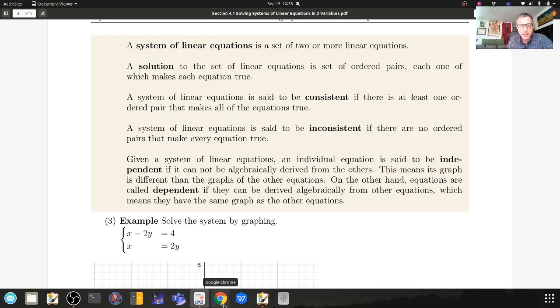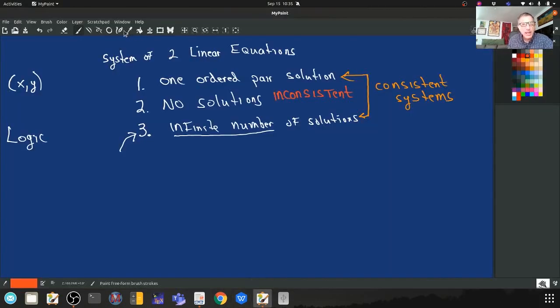So let me give you an instance of a dependent equation. So this is going to be equation 1. I'm going to have 1/3 x minus 5/7 y is equal to minus 1.